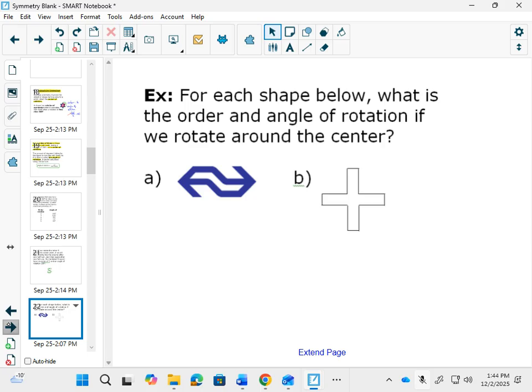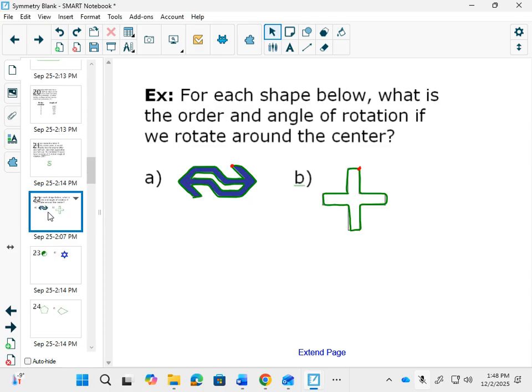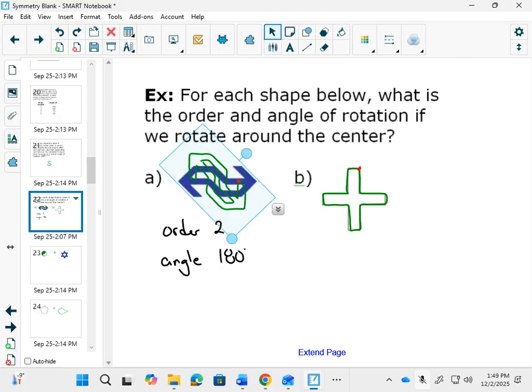I'm going to pause the video just while you guys are working. The first one, did you get an order of 2 and an angle of 180 degrees? Yeah. Well, then you nailed it. There is the 1, and there is the 2, right back to where it started from.